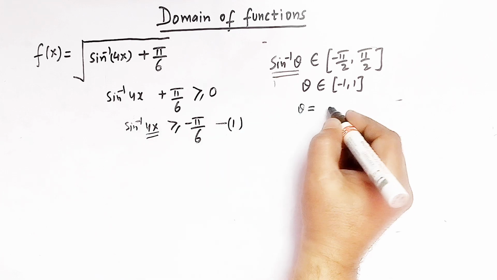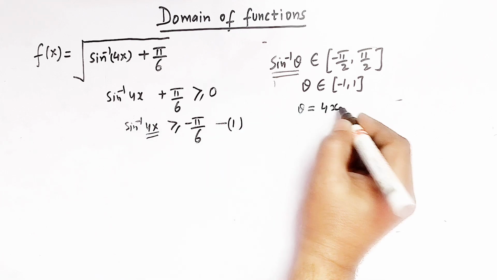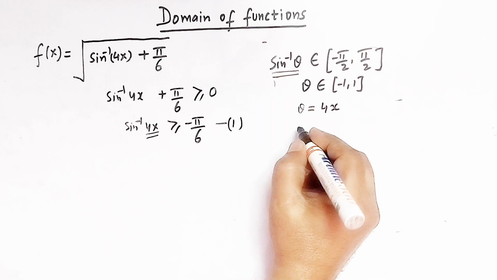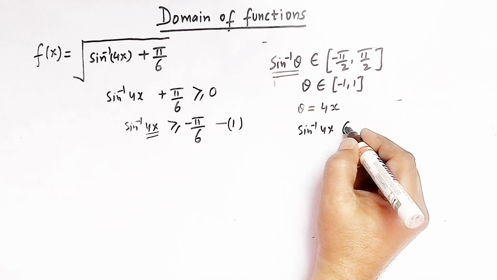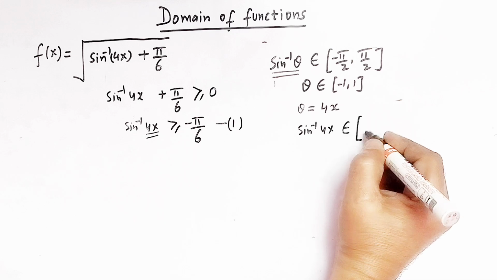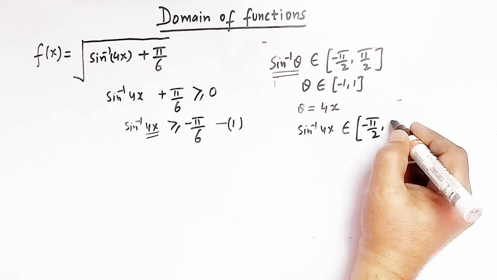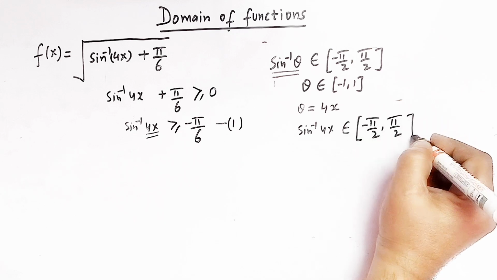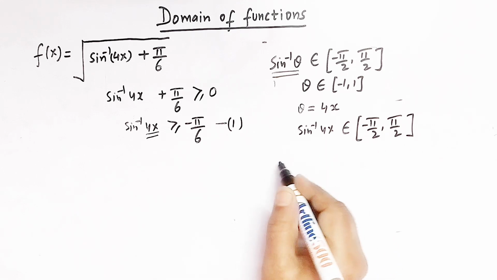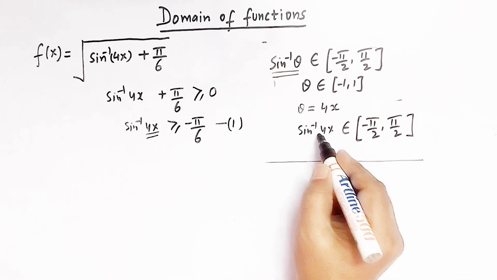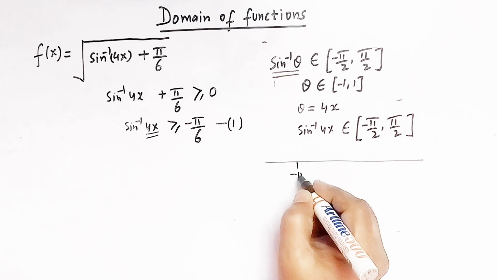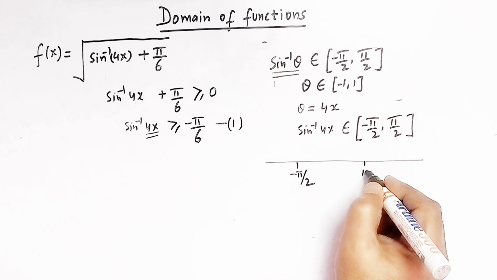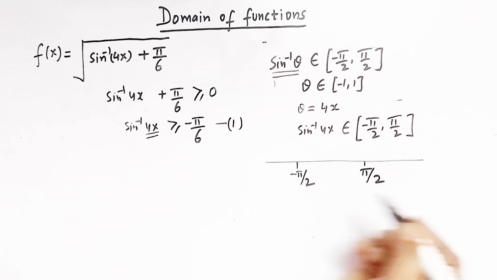If we take theta equal to 4x, then sine inverse 4x should belong to the interval minus pi by 2 to pi by 2, right? So here we have sine inverse 4x belonging to this interval, minus pi by 2 to pi by 2.